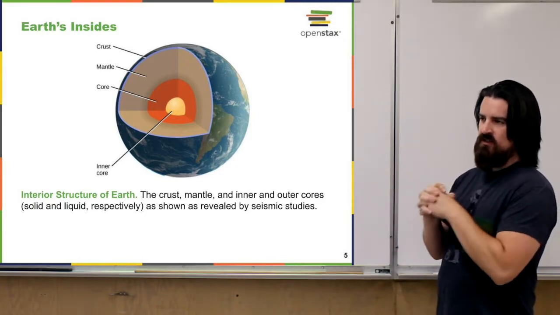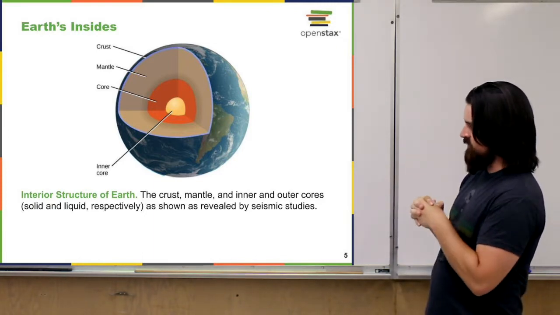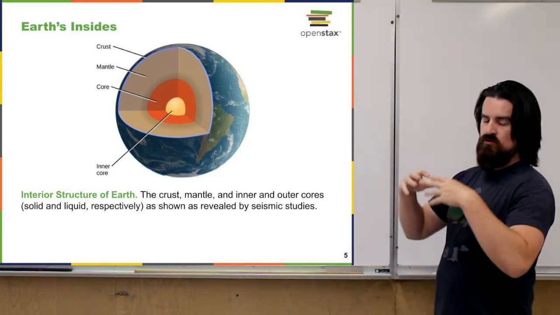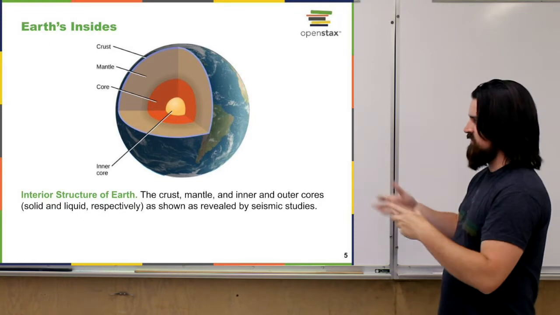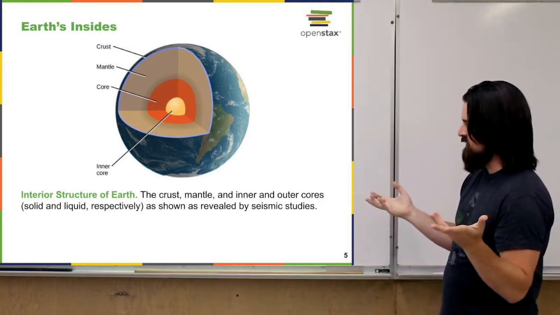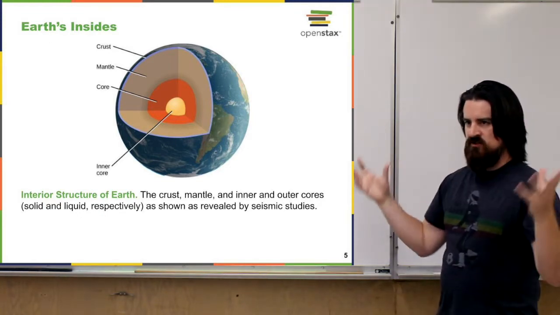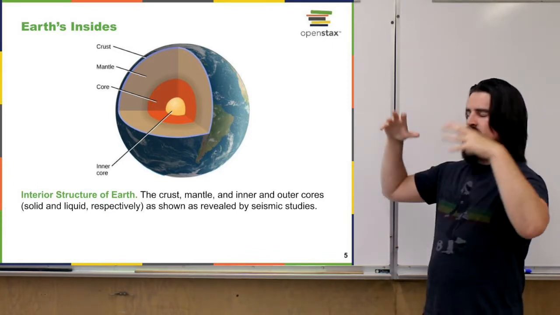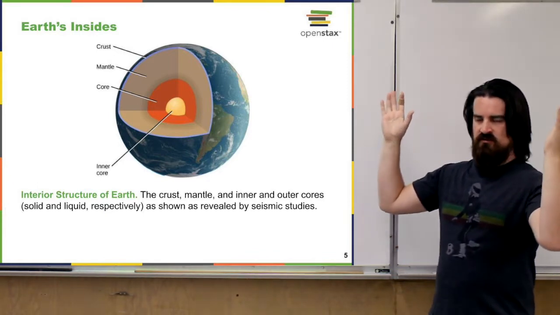That's where a lot of the heat left over from the Earth's formation is, and that heat wants to dissipate, it wants to move out. So it ends up heating the mantle, and you get this convection, heat that flows from that really hot core out through the mantle and up into the crust.